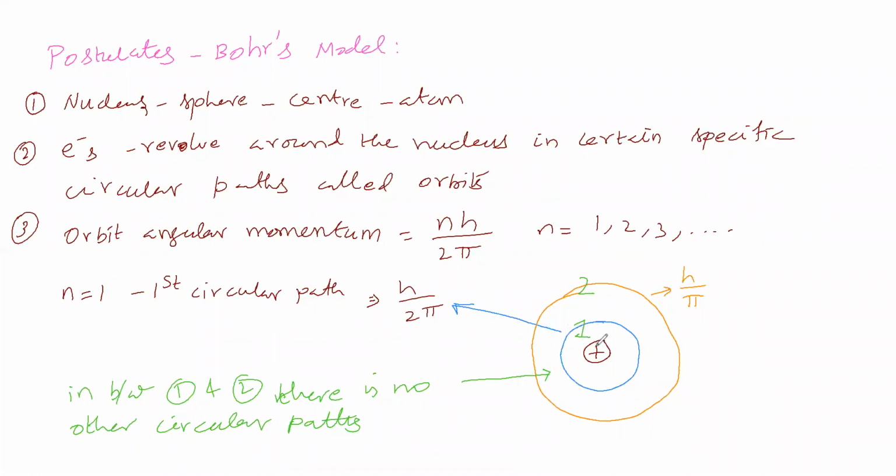Sorry, between the nucleus and 1, no circular path is possible. That means the electron will not be present at this place. The electron will not be present between the nucleus and the first circular path, or between the first circular path and the second circular path.